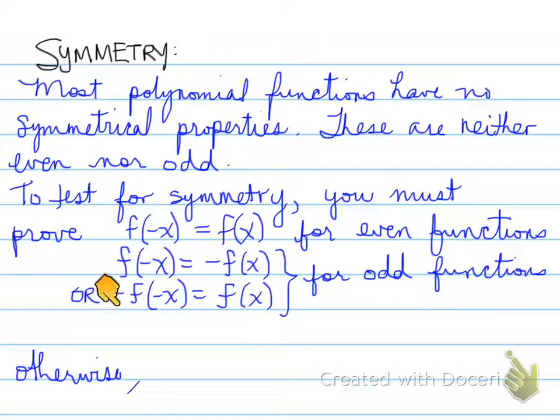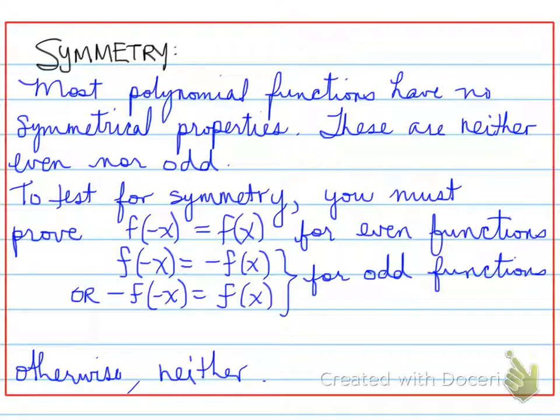If this is true, or this is true, so you must test for even first, then you test for odd. If neither of these are true, then you say that it is neither even nor odd. Remember that most polynomial functions are neither even nor odd.